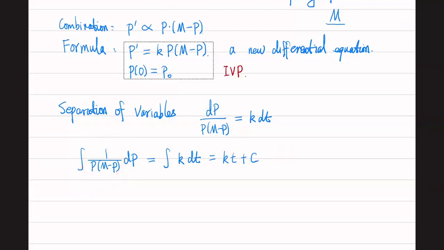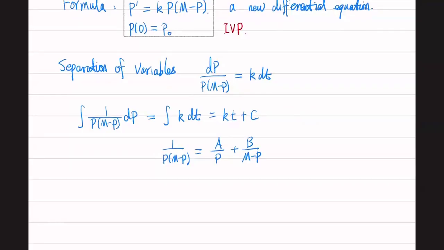So how do we decompose this? P(M minus P) will be something over P plus something over M minus P. How do we find A and B?